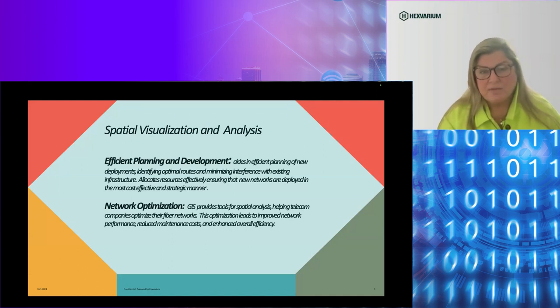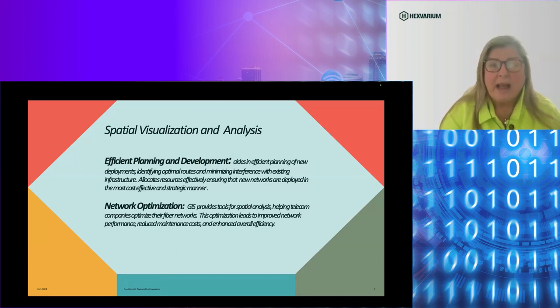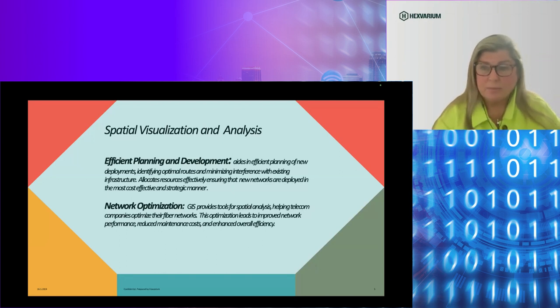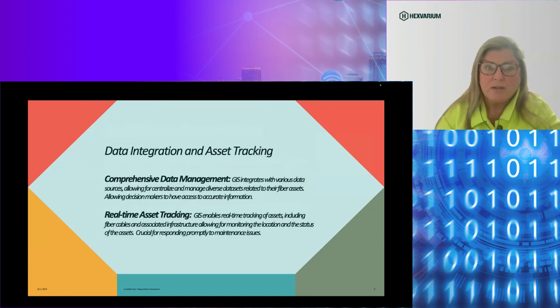I know the city I worked for thought they had really good coverage, but when we really looked at it, there were really large pockets of areas that were vulnerable and did qualify for funding, but we did not put a package together. They have now, but previously we never thought about it because we weren't doing the spatial visualization and analysis needed to provide the data showing those pockets of areas that were really struggling.